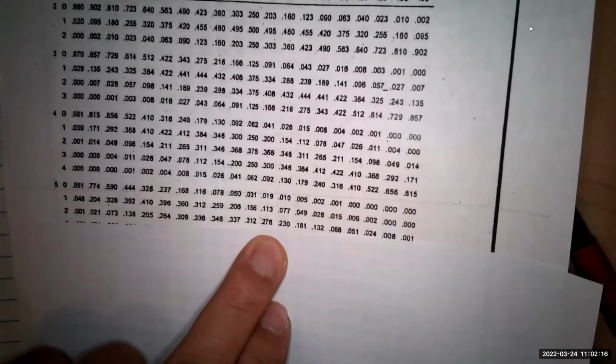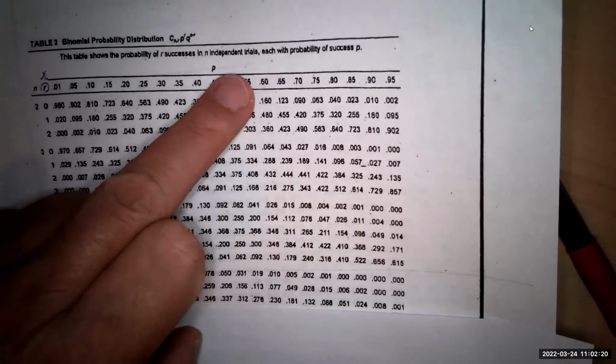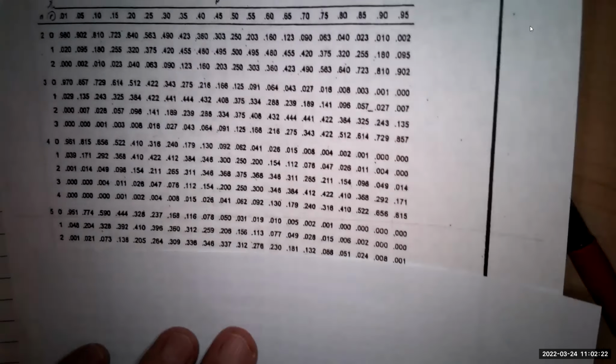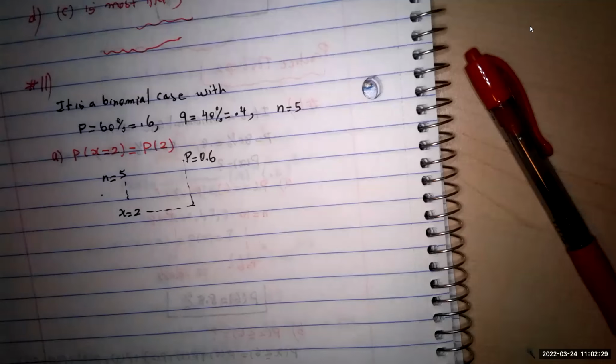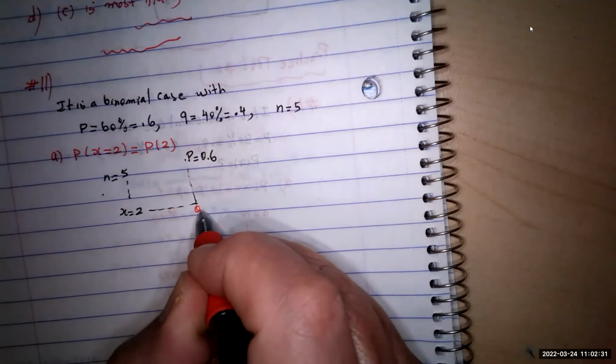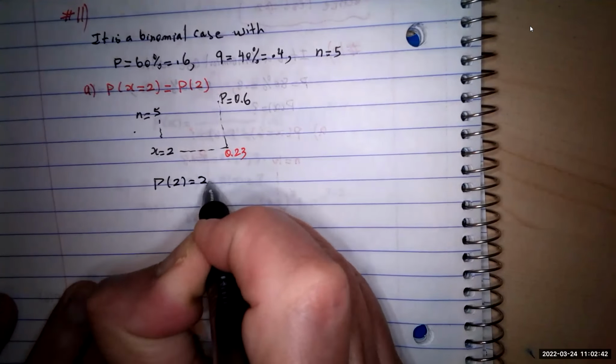That's it. This is 60% on the top, and your case, n equal to 5, x equal to 2. So that gives you 0.23. And so in this case, the probability in question, P of 2, is going to be equal to 23%. And with that, that's going to be case 1.